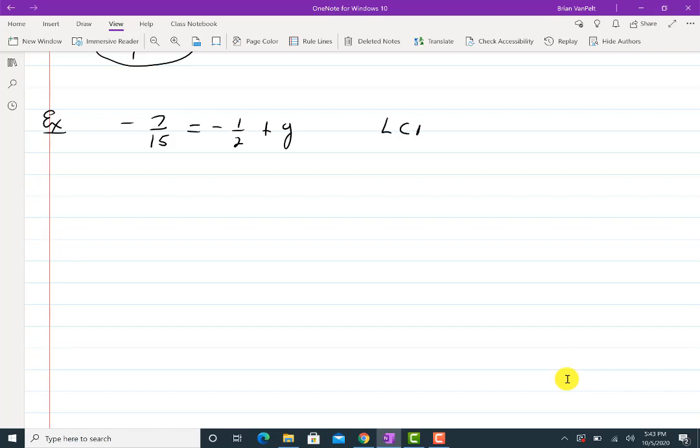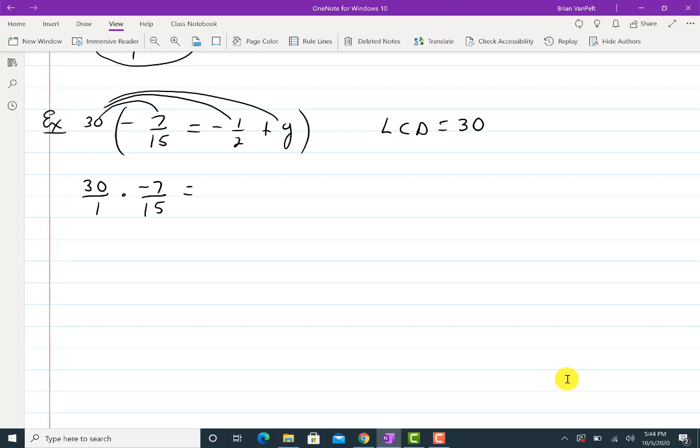Here, the LCD equals 30. So I'll multiply 30 times everything. And so I'll have 30 over 1 times -7 over 15 equals 30 over 1 times -1/2 plus 30y. And now let me clean up.